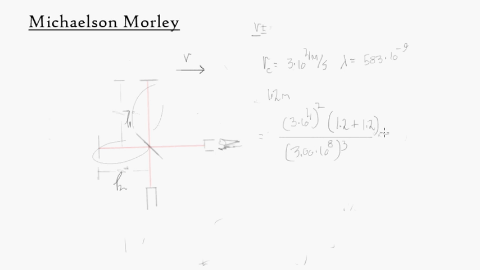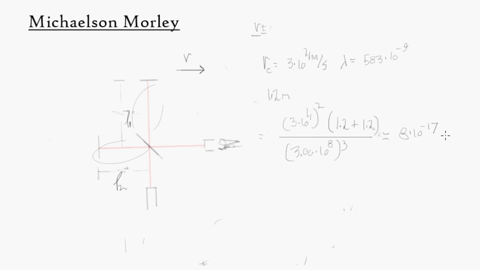You multiply this out, you should get a time difference for these two particles. When you shift it out of phase, the time difference that is a result of that shift should be 8.8 times 10 to the minus 17.